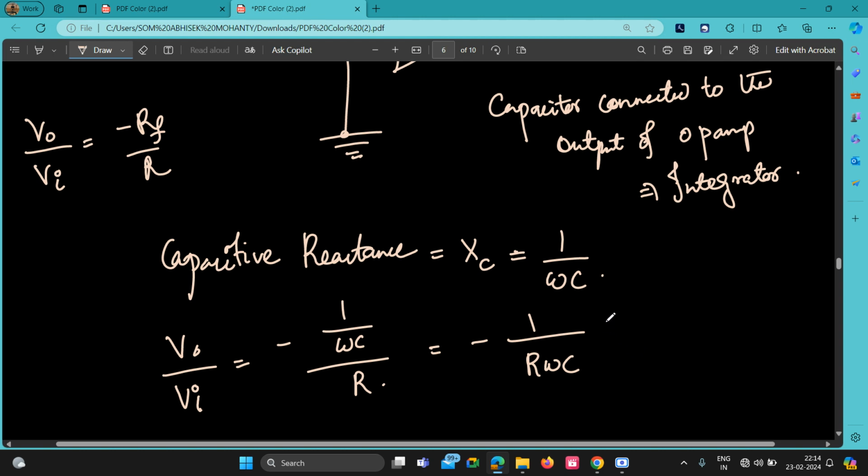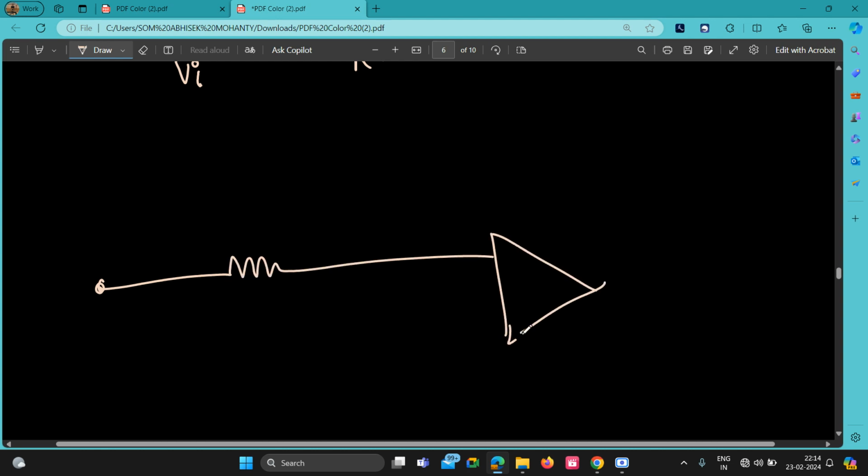Suppose there is another circuit where there is V naught, plus and minus, and there is a capacitance here.